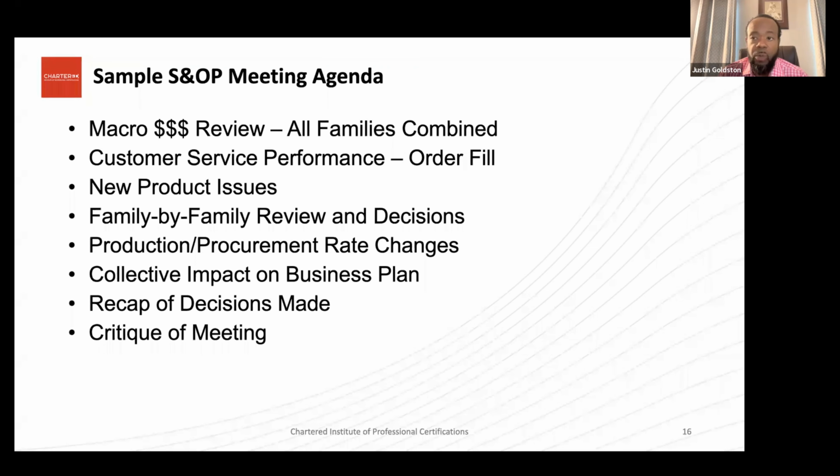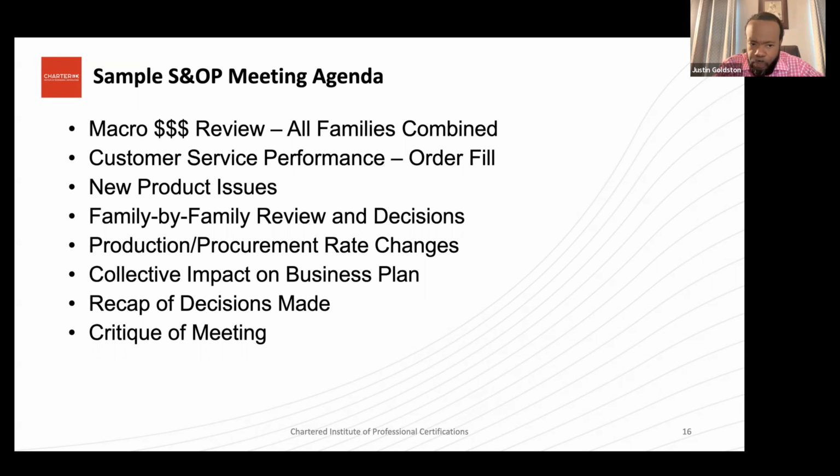So we want to talk about the rate changes and how that's going to impact our future plans. Once we have all those inputs, it's a step-by-step approach. Once we understand the macros, have looked at our performance to our customers, have identified product issues, have done our family by family review, and have assessed the rate changes and made those adjustments to our plan, then we want to say how much of an impact that has made to the overall business plan.